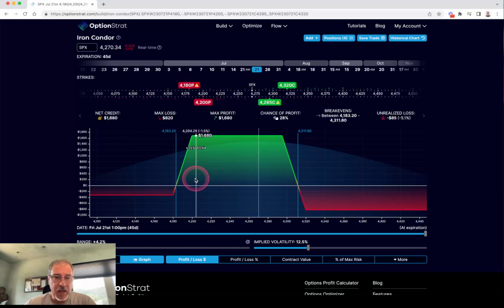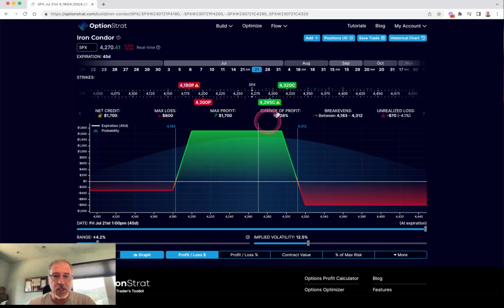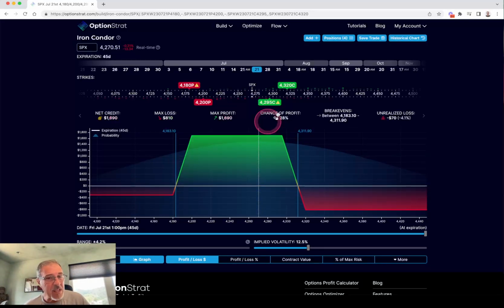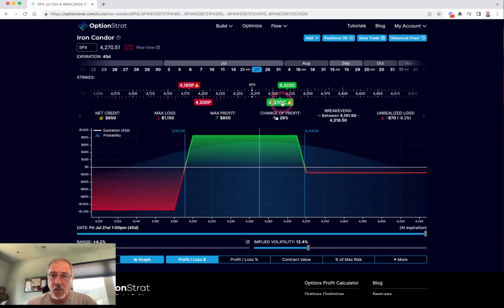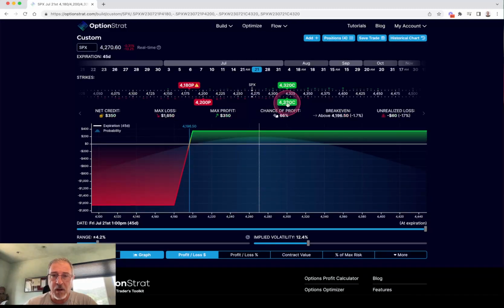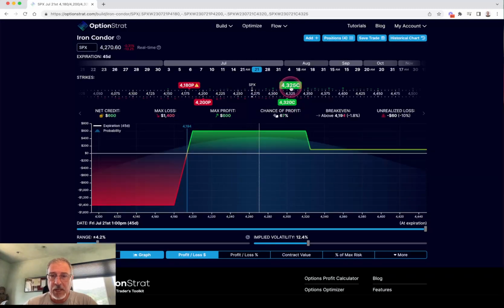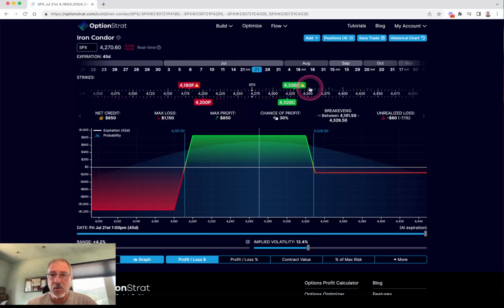So I've kind of opened myself up to like 4,200 to the downside, but now I want to adjust my upside because I think there's less upside movement potential. I'm going to go to maybe 4,320 here, and that's going to be my short strike, and then I'll do the 4,330 call as my long strike.